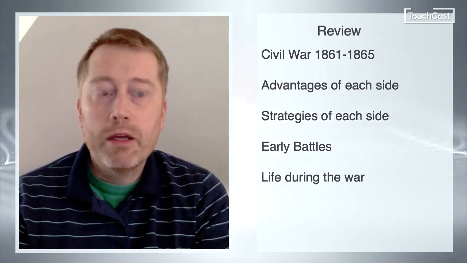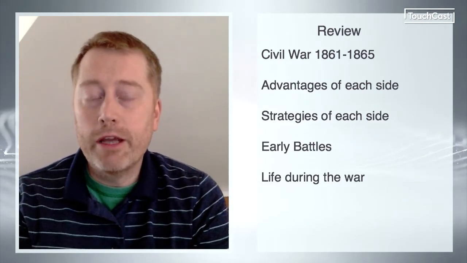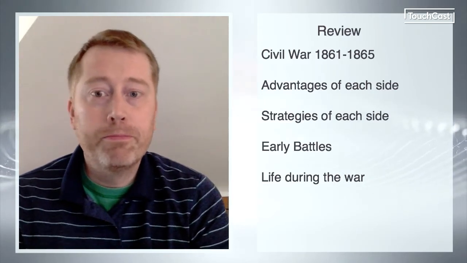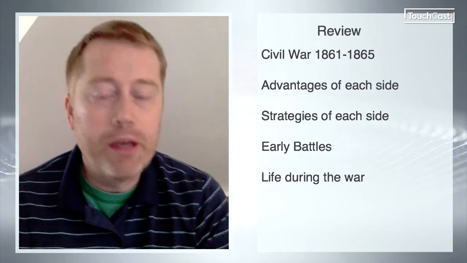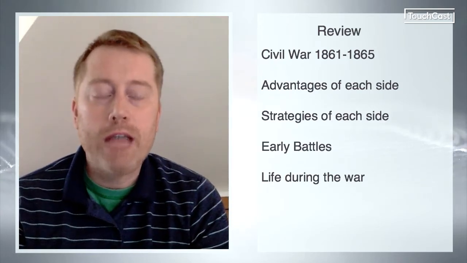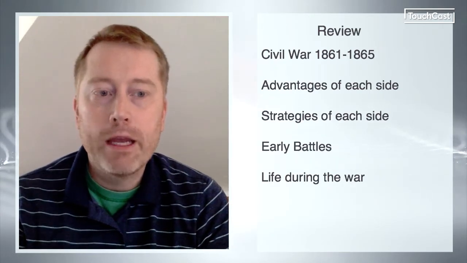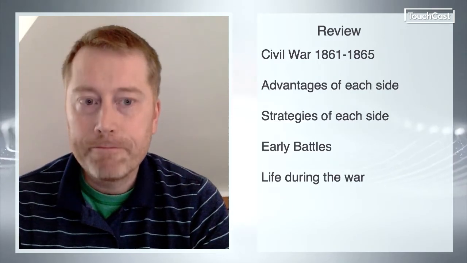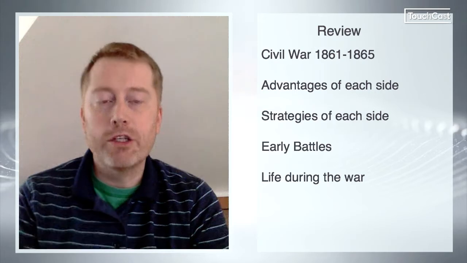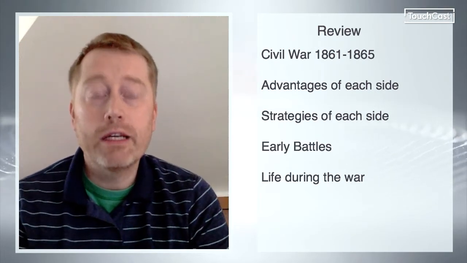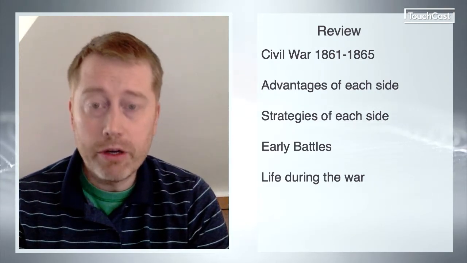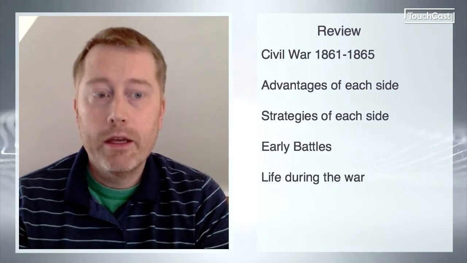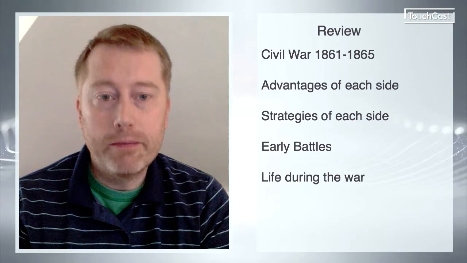The North had an election to elect the next president, and they elected someone that was probably not going to be very sympathetic towards the South in Abraham Lincoln. And several states decided to secede, to leave the country, right? Secession means to leave. And so they decided to leave the country and started their own country, the Confederate States of America, CSA. So it was the CSA versus the USA.